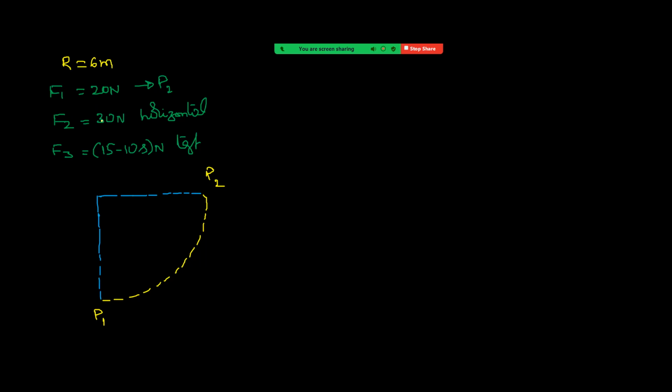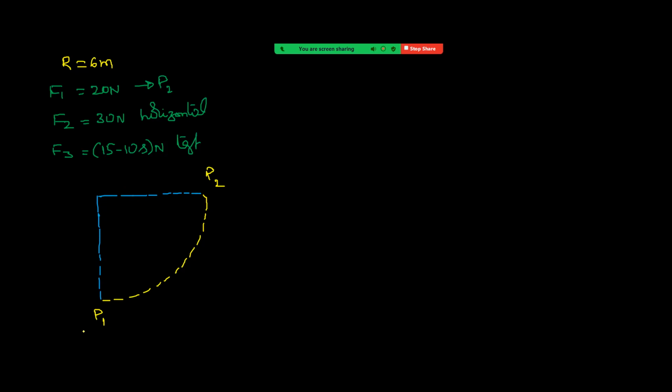So first thing in this, we can calculate work done by F2 directly because it is a constant force, the same magnitude, same direction. Then focus displacement along horizontal. If you focus on displacement horizontally, it is equal to R. Applying 30 always horizontal like this only. Always. So from P1 to P2, displacement component along horizontal is 6.